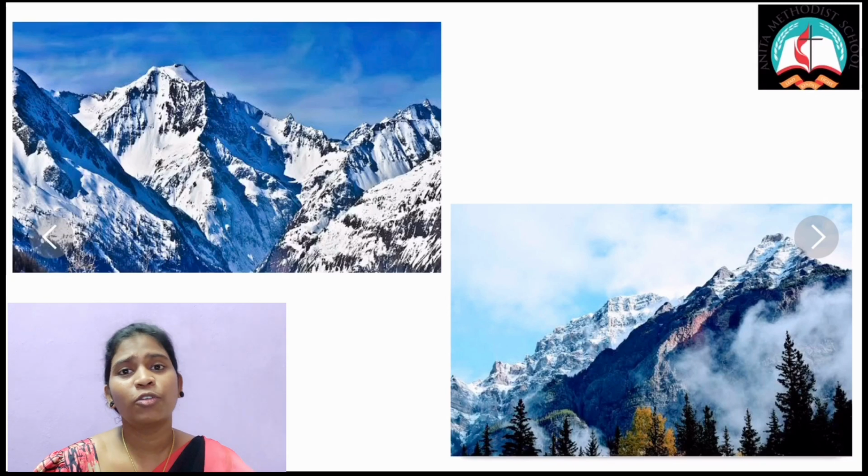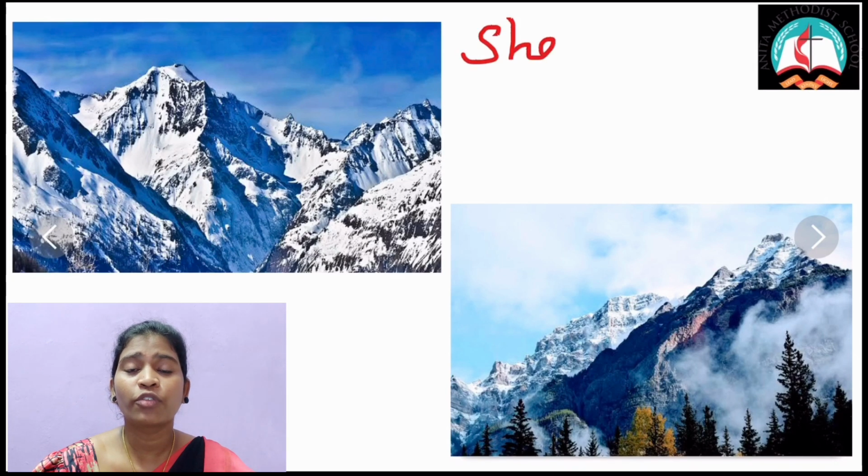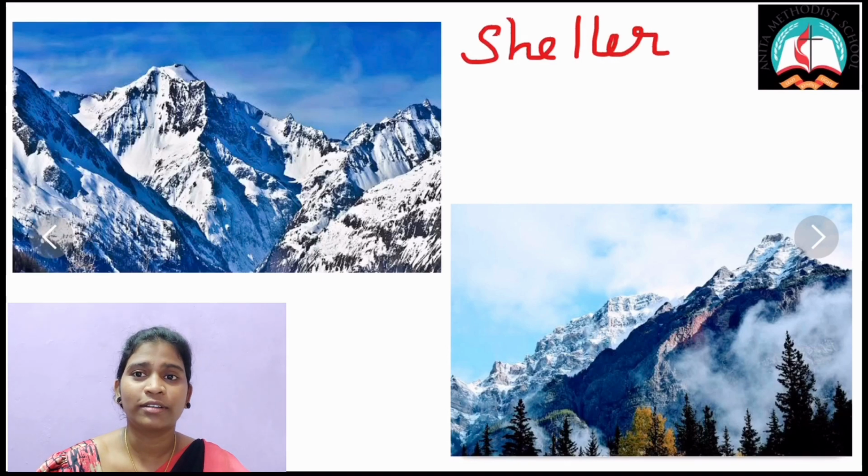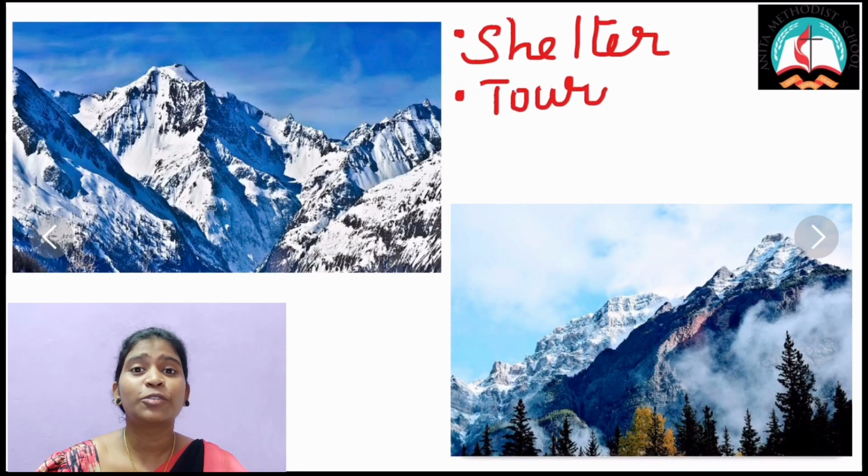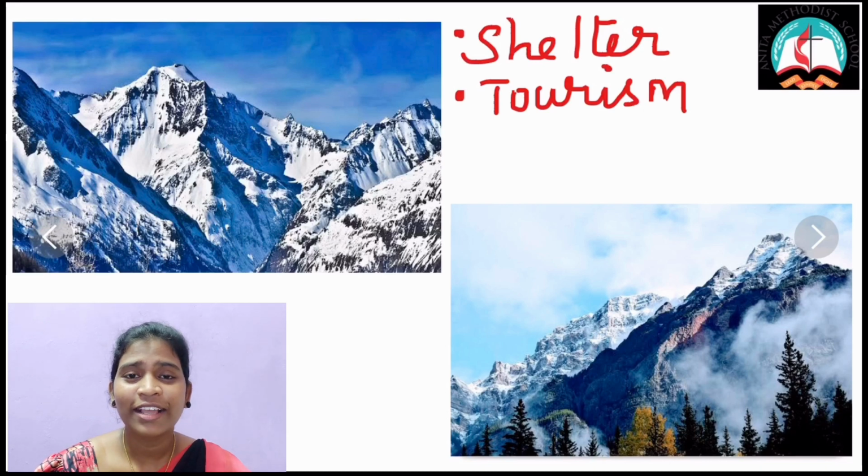So we all know that the mountains are the sources of river water. Yes, rivers actually. They provide shelter to flora and fauna. And tourism is an important activity which is taken up there. Actually, we all love to visit the hilly and mountain regions, right? Because of its cool weather.